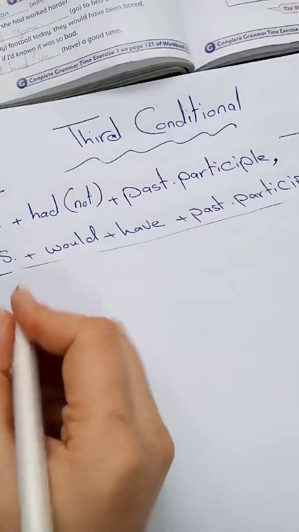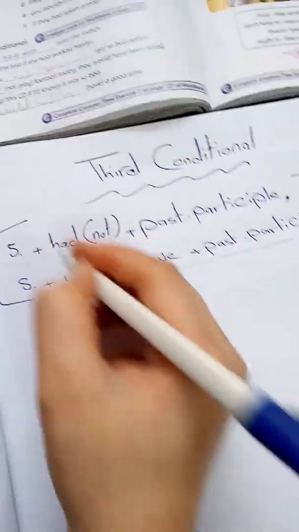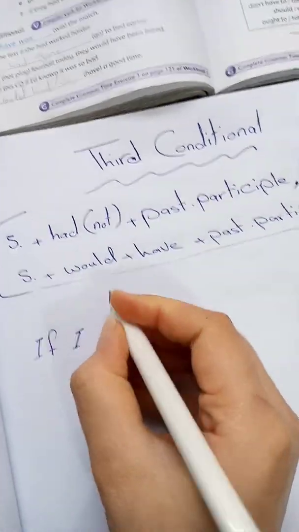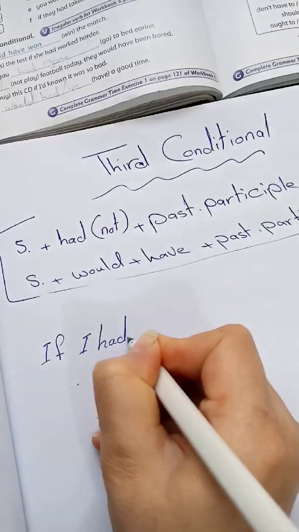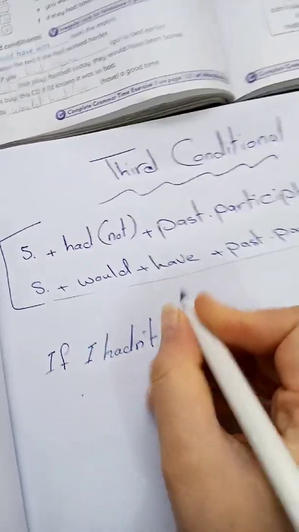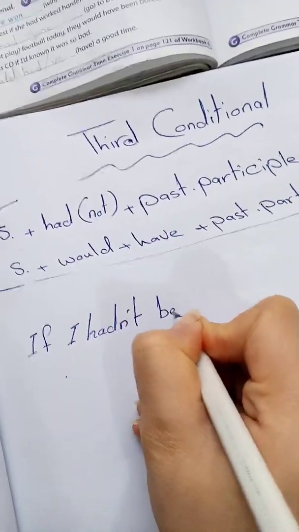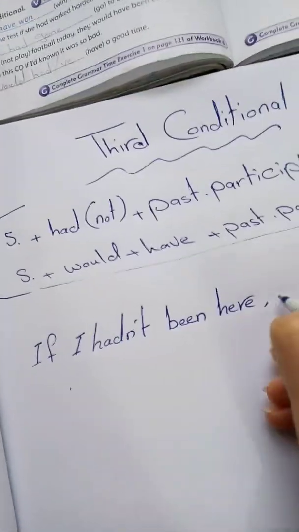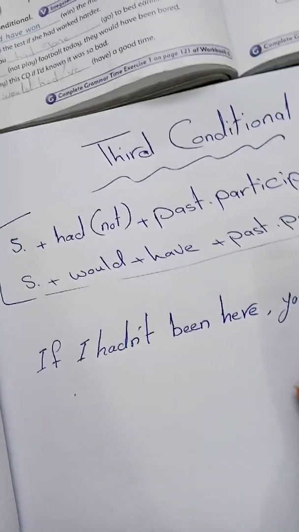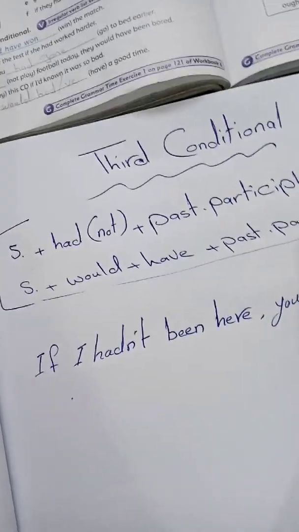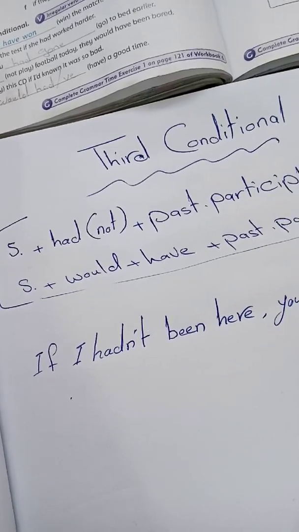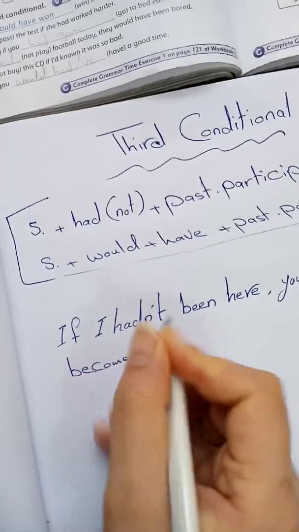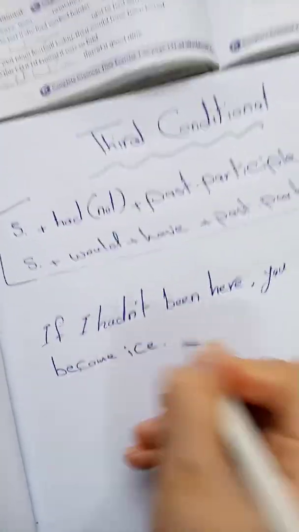For example, of the first rule, if I hadn't been here, you would have become ice.